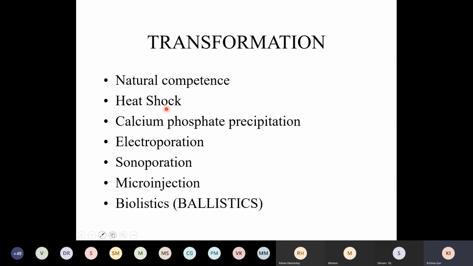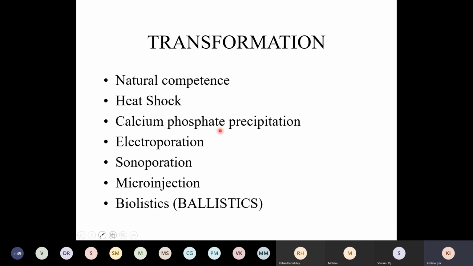You take it to a higher temperature, allow these pores to occur, then add your plasmid and cool it immediately. Many bacteria will die because of this increase in temperature, while some might take up DNA through the little pores, survive the heat shock, and then carry the plasmid.